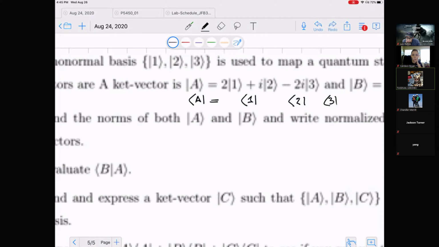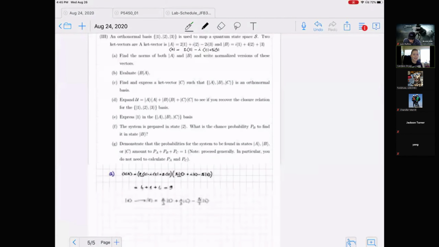So the complex conjugate of 2 is 2. The complex conjugate of plus i is minus i. And the complex conjugate of minus 2i is plus 2i. So for the 2, the sign does not change because it's a real number, and the complex conjugate of a real number is the same real number. Yep, got it. Thank you.